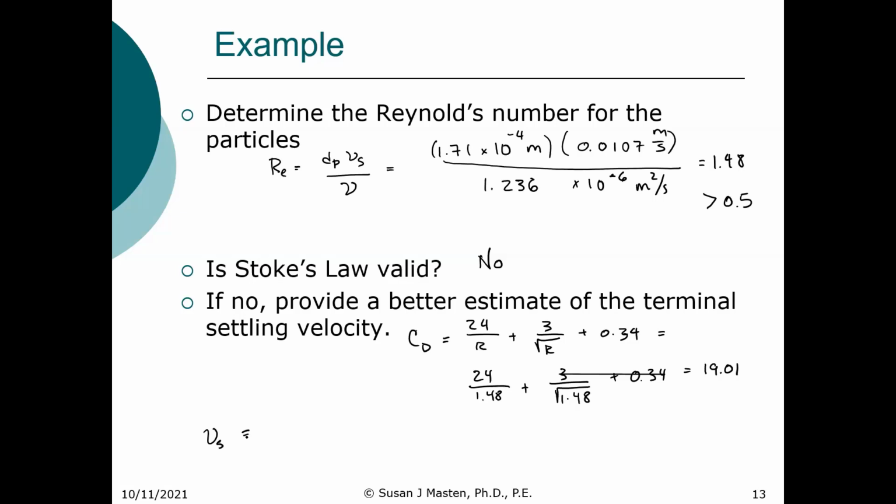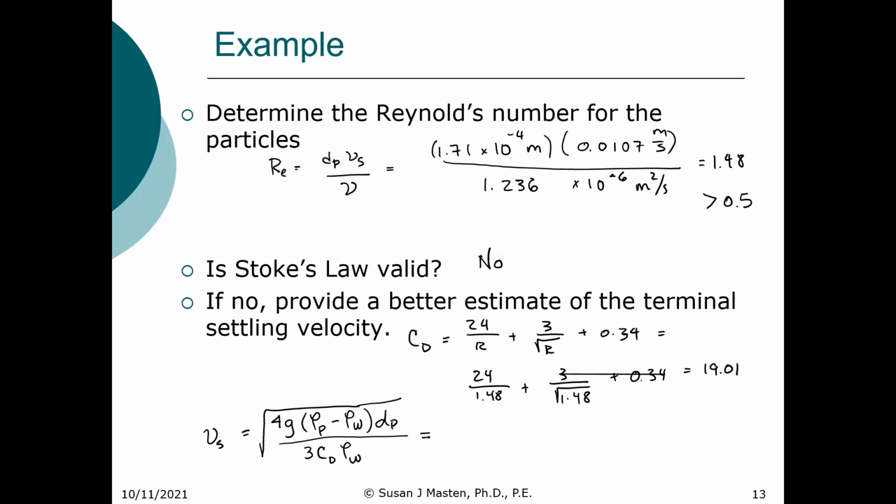And that is that terminal settling velocity is equal to 4g times the difference in the particle density and the fluid density times the particle diameter divided by 3 times the coefficient of drag times the density of water.